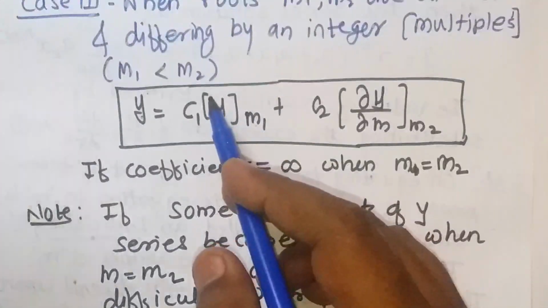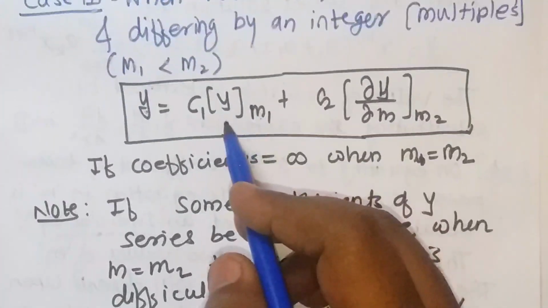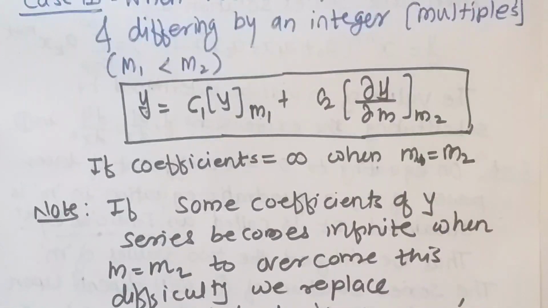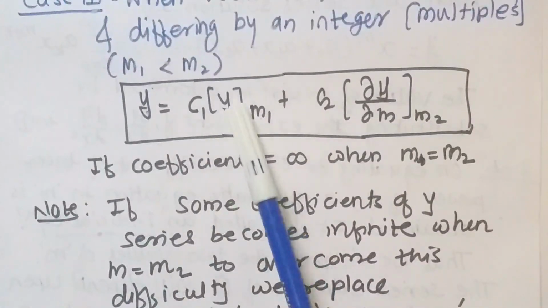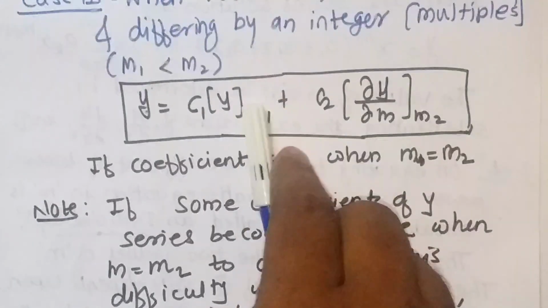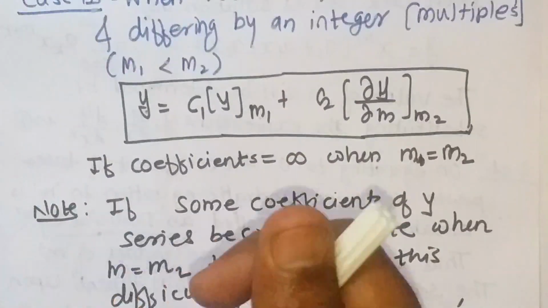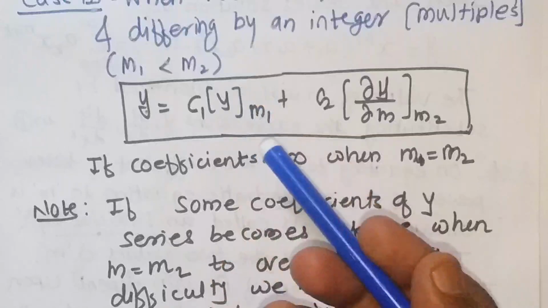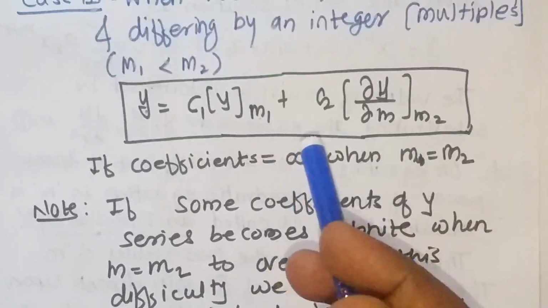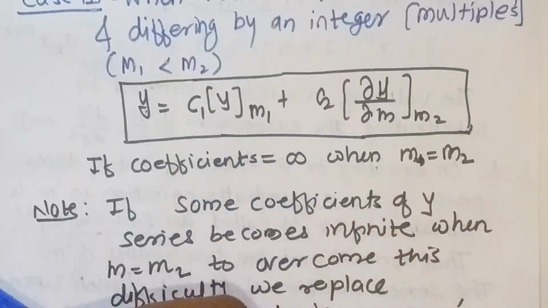So at one root you can determine all the coefficients, and at that point you can immediately find the first factor y at m1. We have considered the second root m2 as the root at which some coefficient becomes infinity.